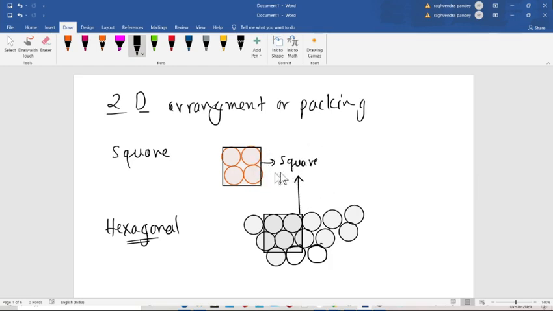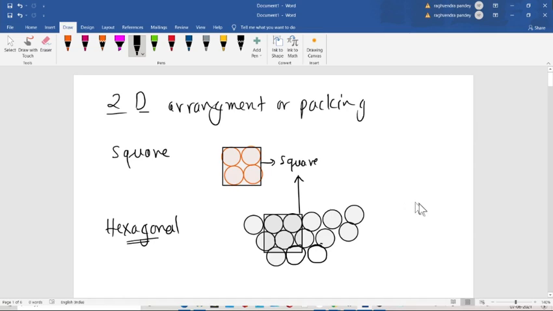Now you see the area of the spheres, or you can say circle, but spheres basically. And here you see, which has the higher spherical area, the hexagonal or the square packing? Yes.